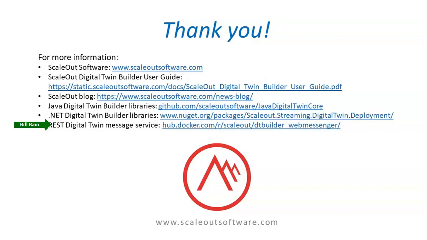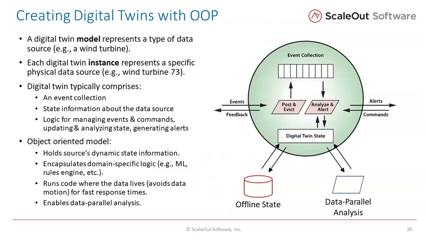Well, machine learning models and AI can be incorporated into the analysis code within a digital twin. The nice thing about the model is that it allows the user to incorporate a rules engine or machine learning algorithm into the digital twin model to be deployed for execution with all digital twin instances.